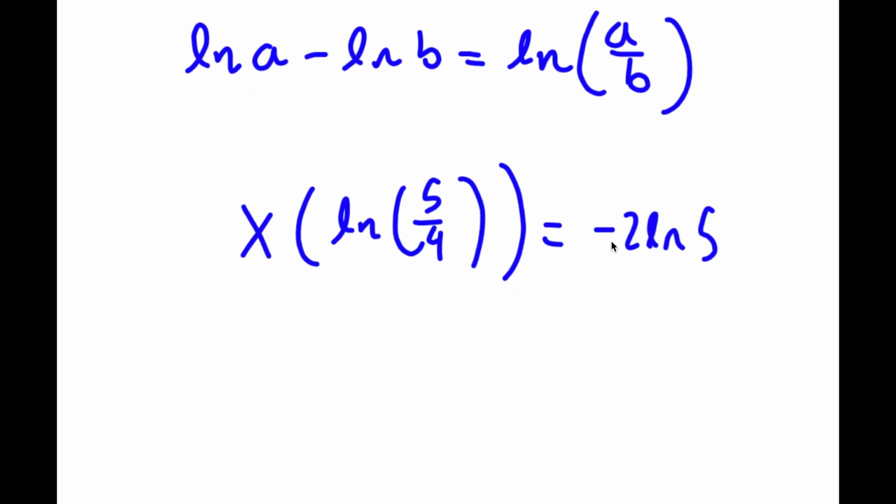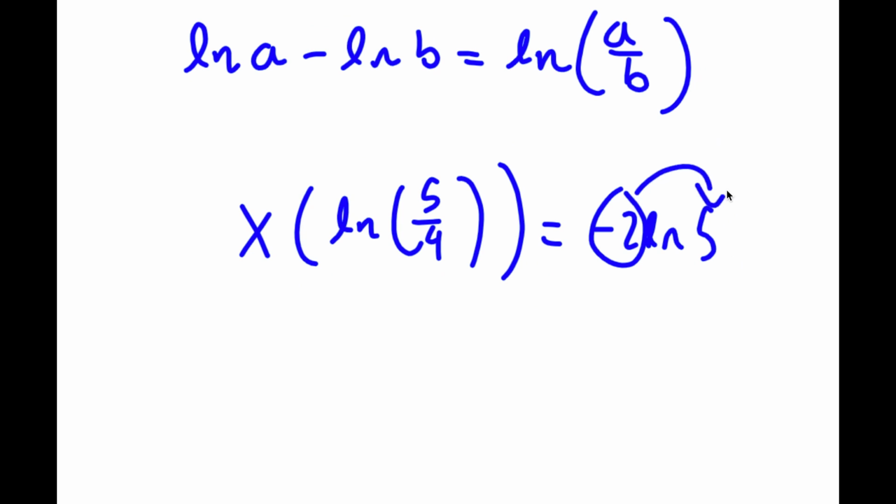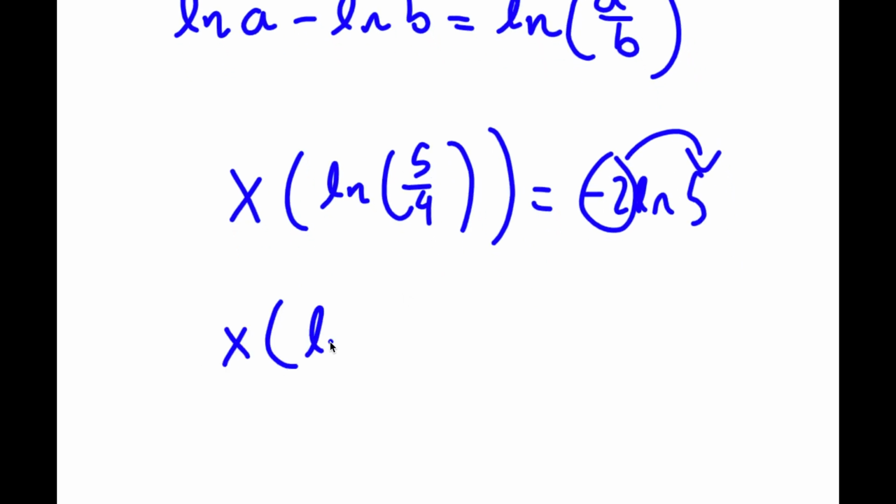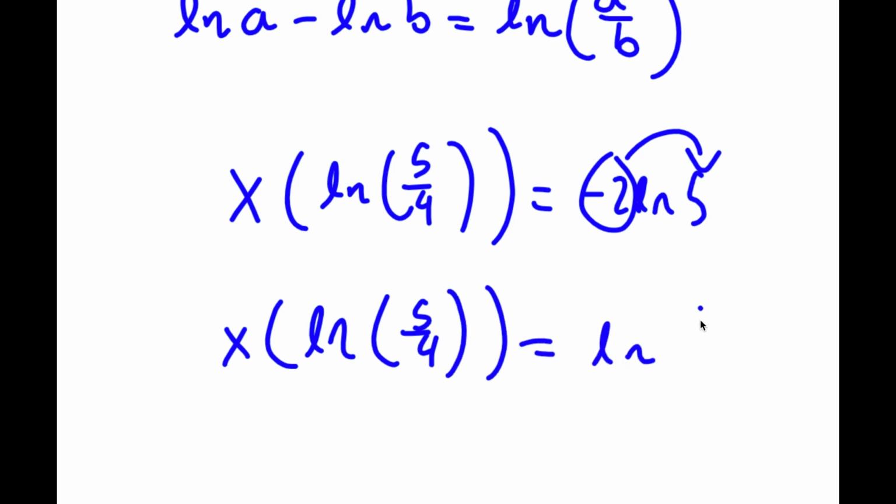Now negative 2 ln 5, remember how I can move this to the front. So now I'm going to have x times ln 5 over 4 is equal to ln 5 to the power of negative 2, which is the same thing as 1 over 25.